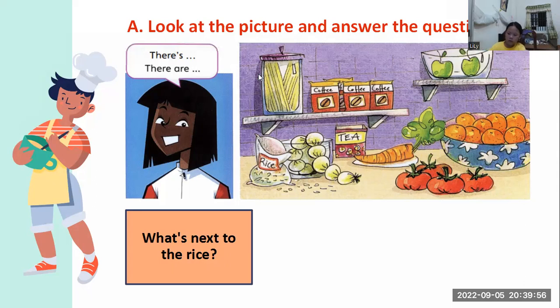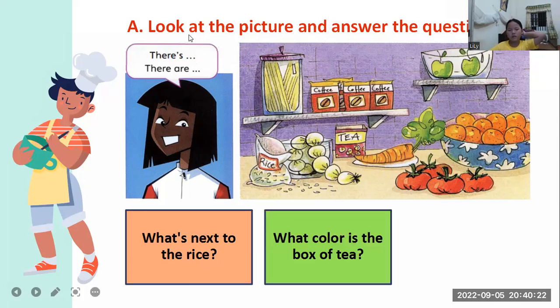Next, to the right is onions. There are onions.